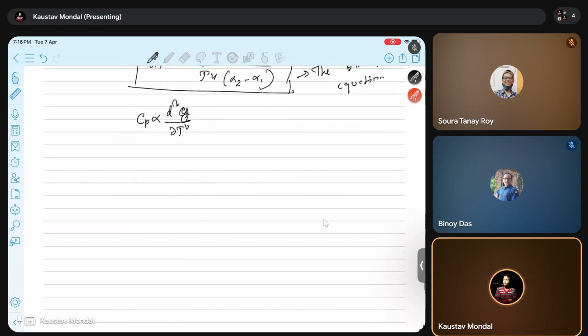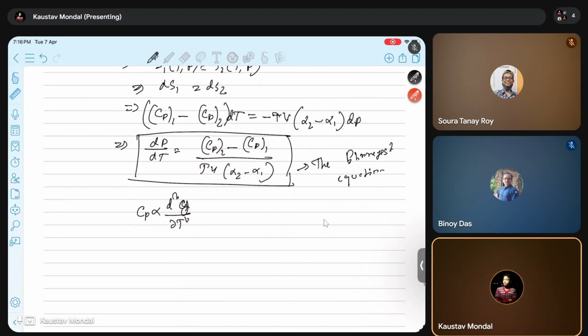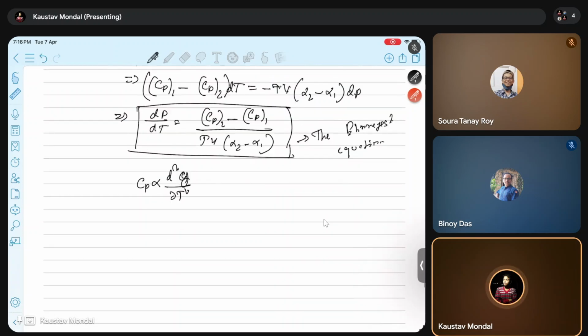There is another form of this Ehrenfest equation. For that form you have to consider the volume. Volume also remains constant. Just like for the case of the entropy we have done, similarly for the case of volume, you have to write dV1 equals dV2, and V you can take as a function of pressure and temperature.